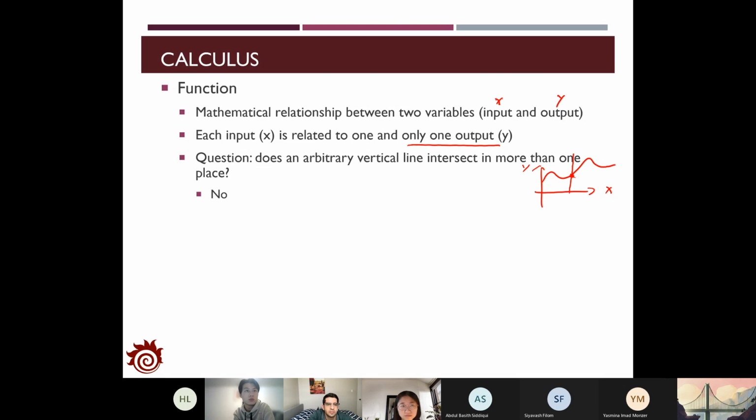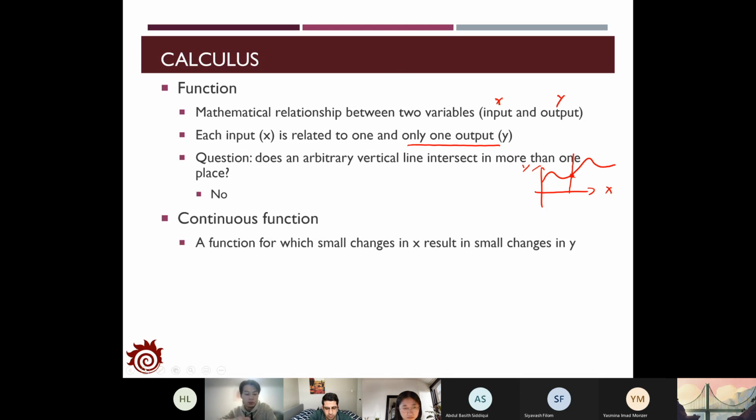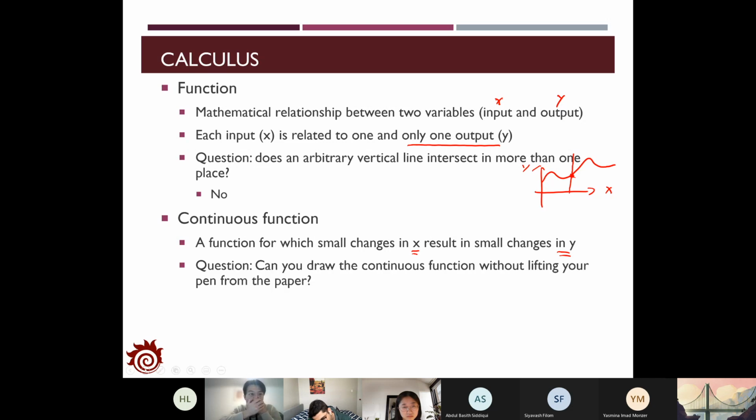For functions, we have the discrete function and the continuous function. If the function has a small change in x, resulting in a small change in y, then we say that this is a continuous function. The question we're going to have is, were you able to draw a continuous function without lifting your pen from the paper?